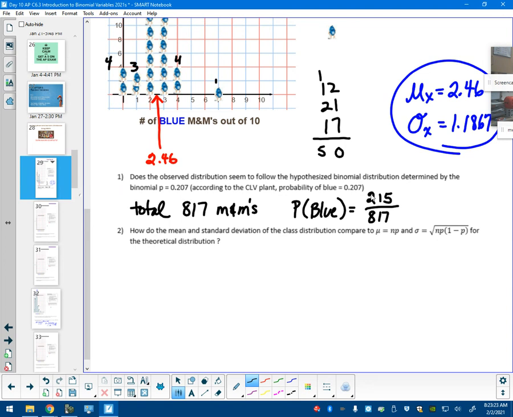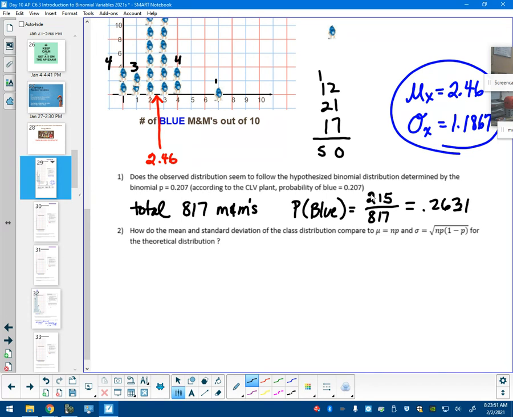So 215 divided by 817, maybe. I get 0.2631. So we're not too terribly off, and I kind of almost wonder if Cleveland changed its mix. I can look that up and let you know tomorrow.